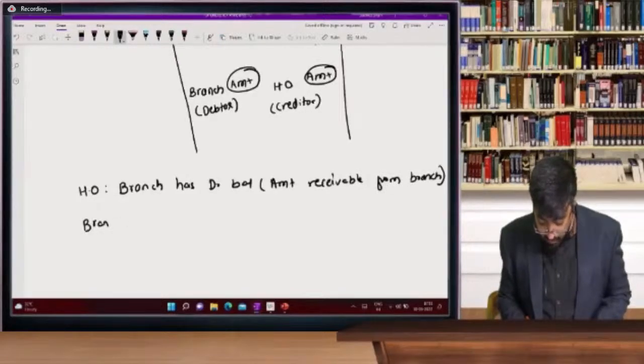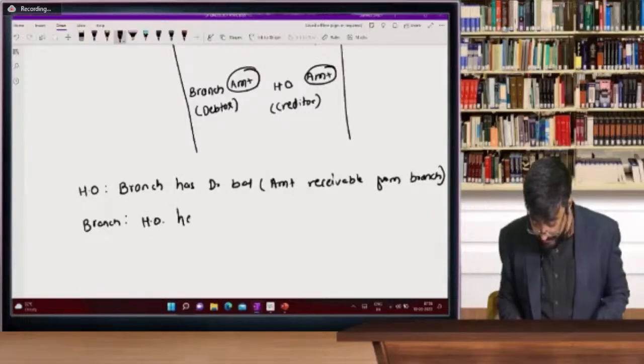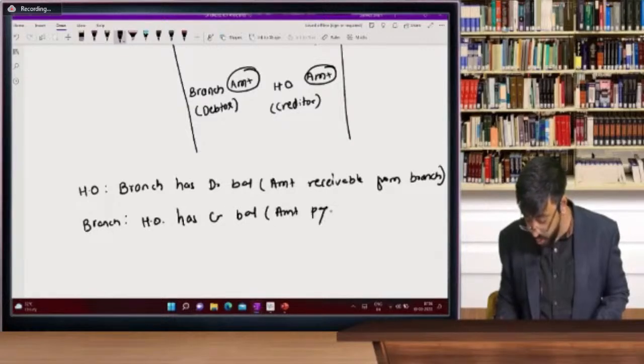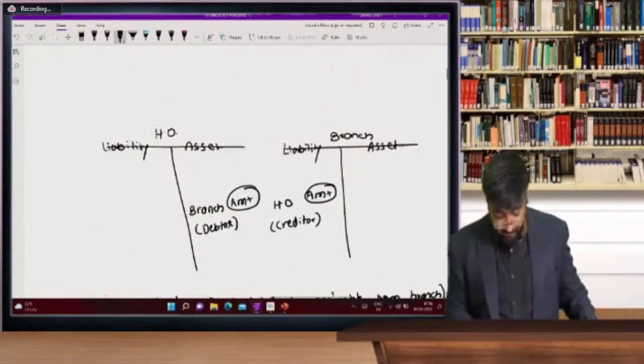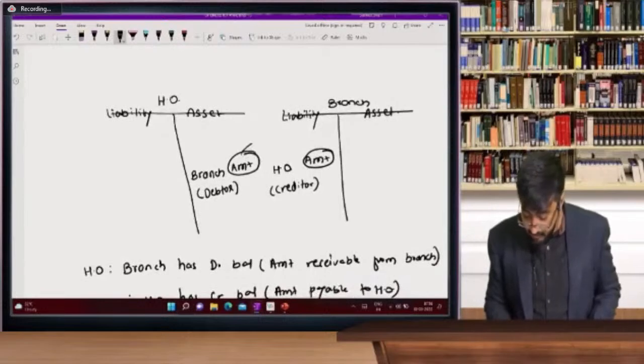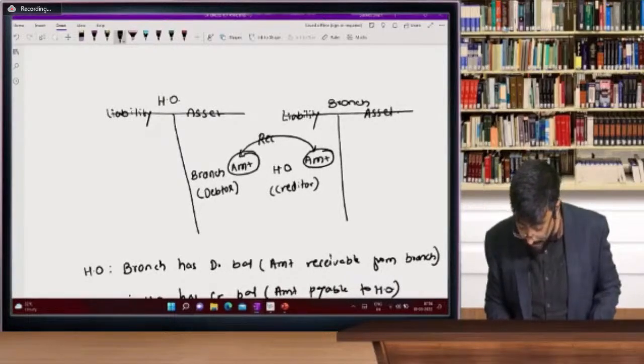And in branch books, HO has a credit balance as the amount is payable to HO in branch books. Now what happens? This is the first step where the balance is not matching.